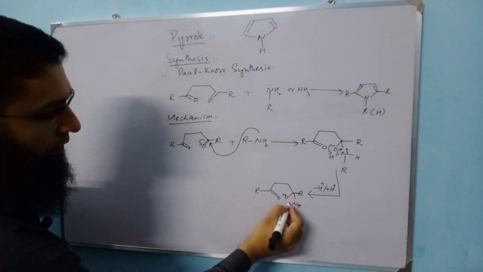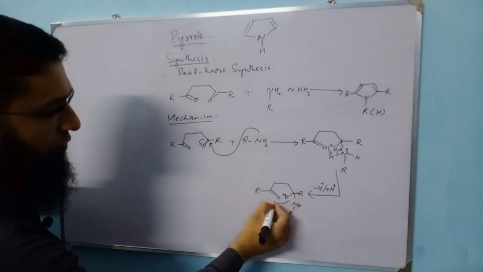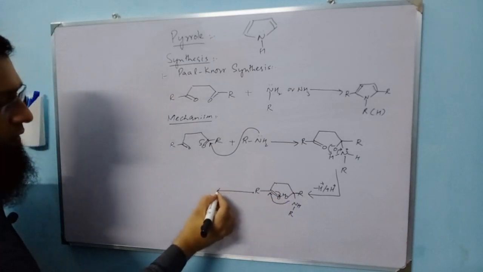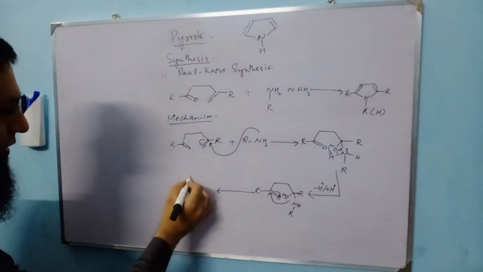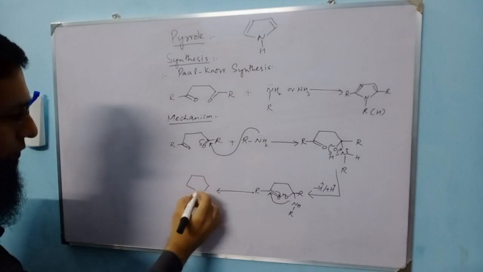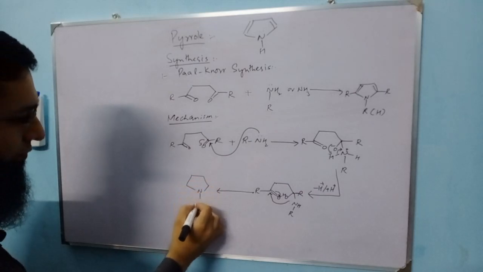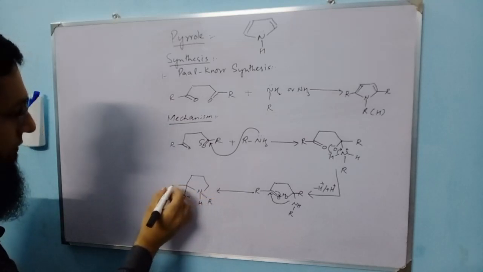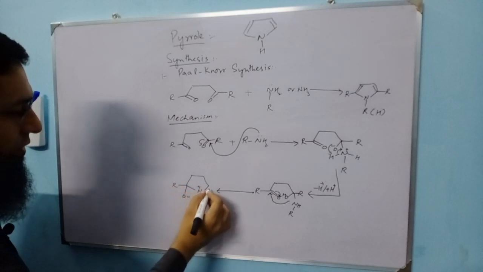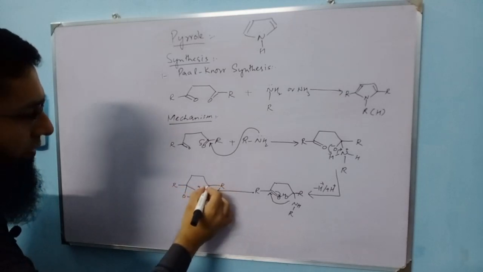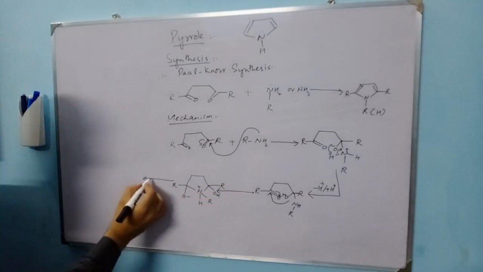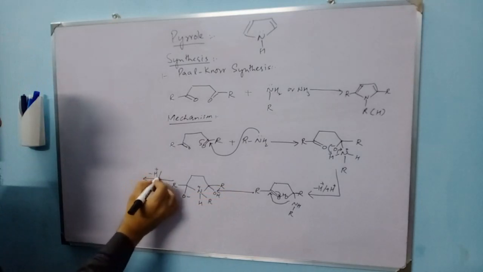Now in the next step, nitrogen will attack again on this carbonyl group and we will get cyclization. Again oxygen would have negative charge, nitrogen with positive charge, R and OH. Now the proton transfer reaction would take place again.